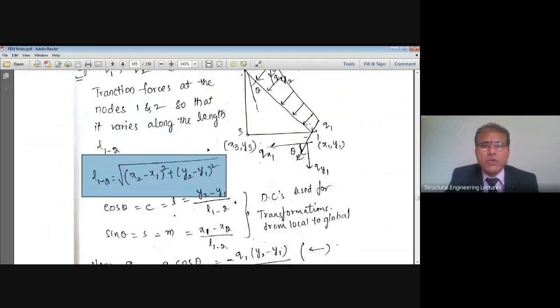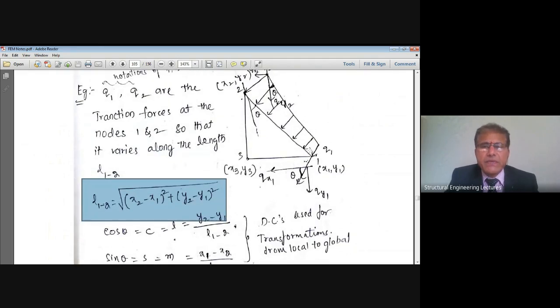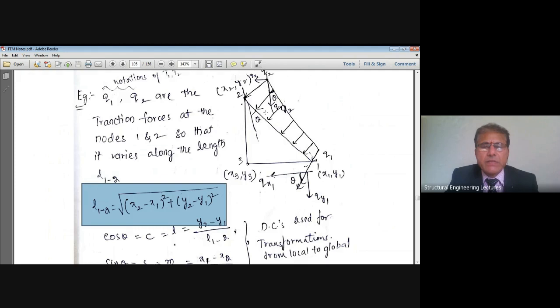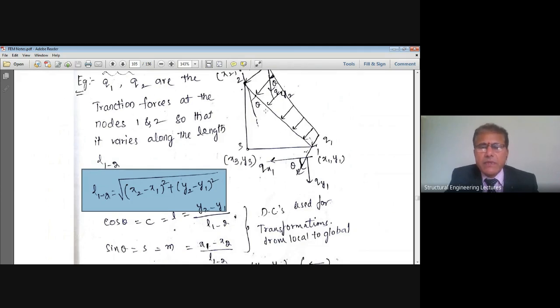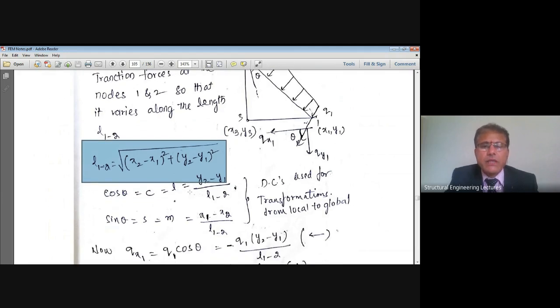Also, from this figure, if this is theta, this is also theta, so that is our theta. Hence, cos theta is nothing but the adjacent side, that is y2 minus y1, by the length of that element, the hypotenuse. That is how cos theta, or c, is y2 minus y1 by the length of that element.